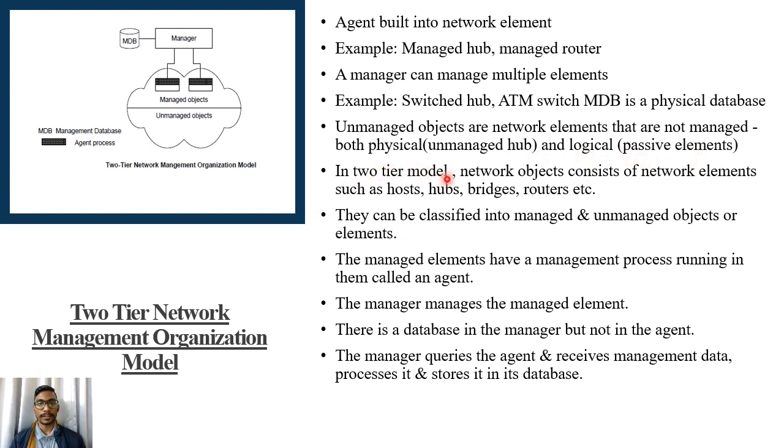In the two-tier network model, network objects consist of network elements such as hosts, hubs, bridges, routers, etc. They can be classified into managed and unmanaged objects or elements. The managed elements have a management process running in them called an agent.